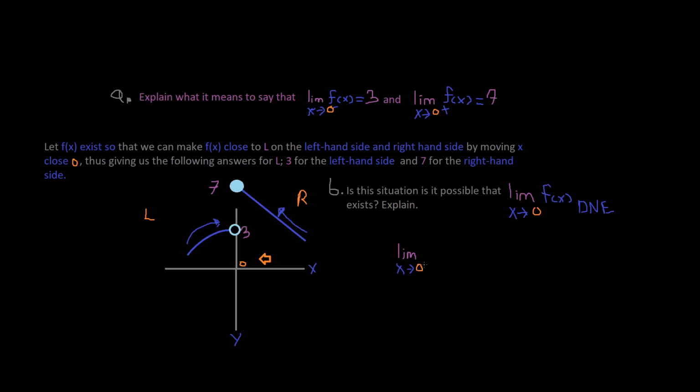So what does this mean? Left hand side has to meet up with the limit from the right hand side. So it will say something like this. Actually, it will equal each other.